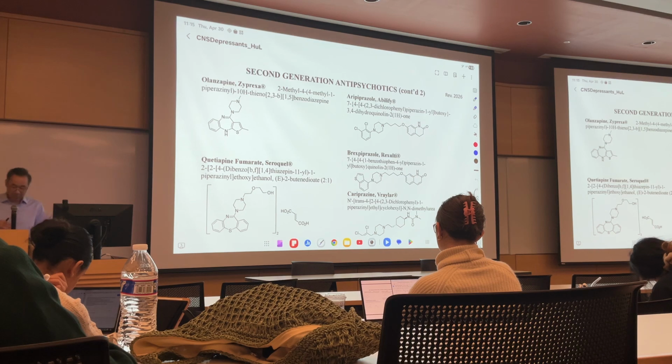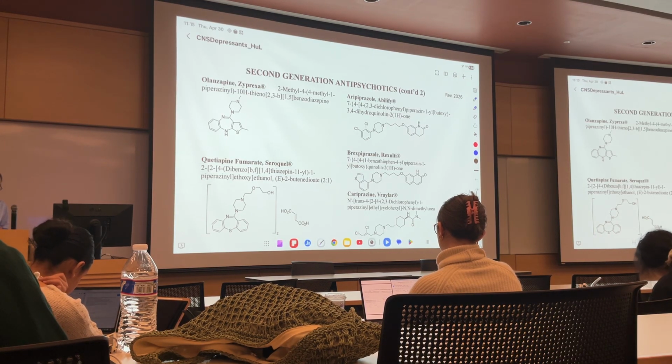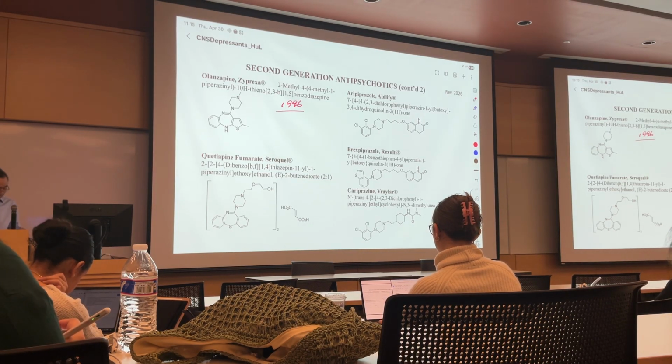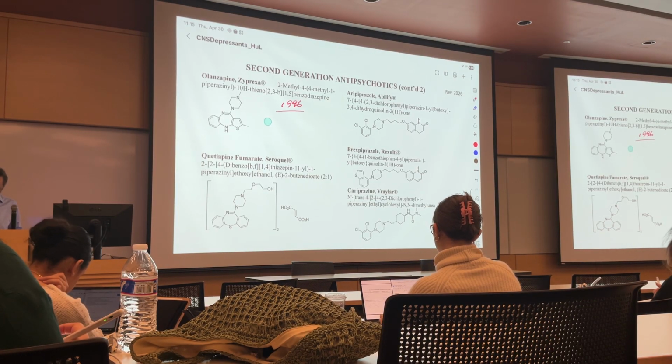Risperidone still has some of the movement disorders or side effects. This drug produces very little sedation, right? Very little sedation. It was approved in 1996. So still a relatively good drug and also an atypical antipsychotic.